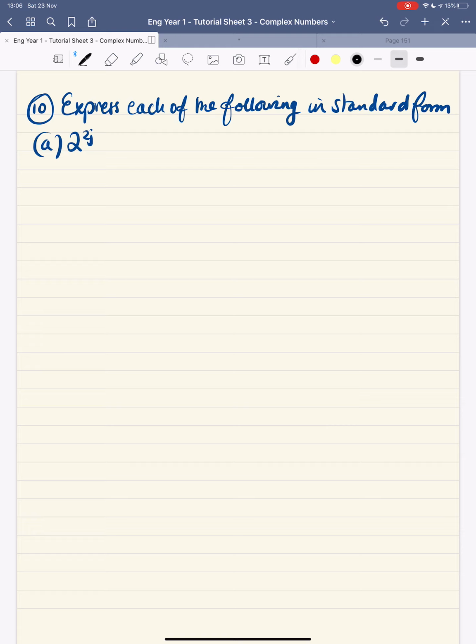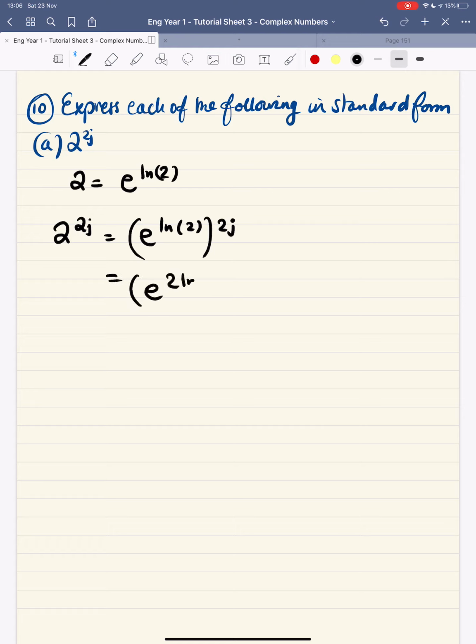10a, 2 to the 2j. Right, what we do here is say 2 is e to the log 2, because e and log are inverse functions, so that's 2. So this is 2 to the 2j, e to the log 2 to the power 2j. So it's e to the 2 log 2.